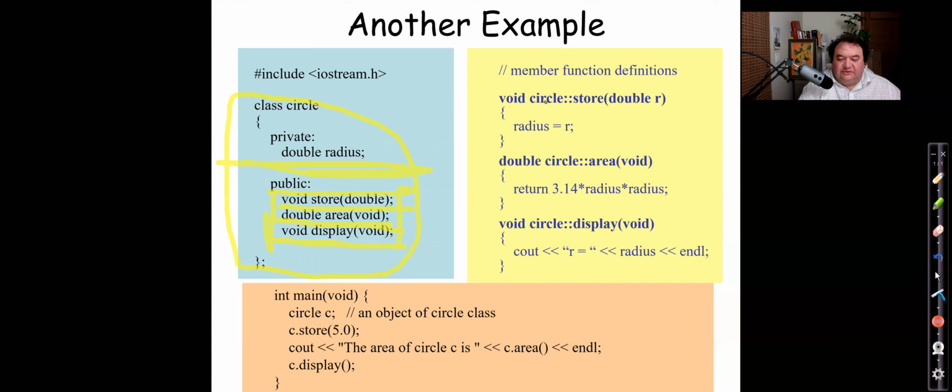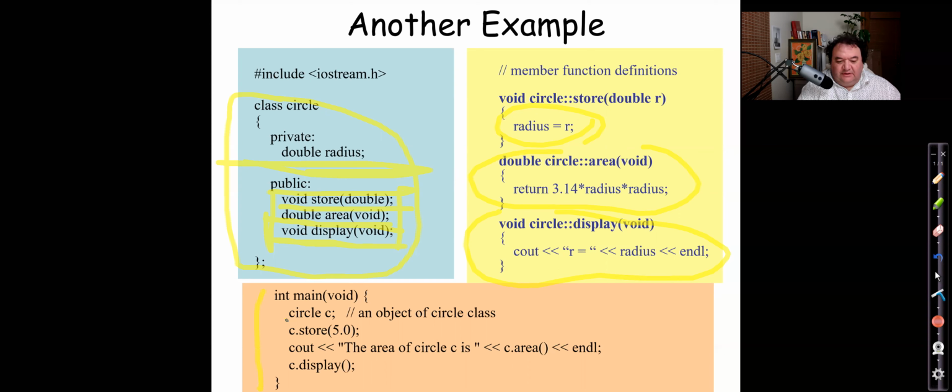Externally, we can then define store radius, where we assign the radius to the value given in input. We get the area by returning 3.14 times radius squared, and display is the print function for that circle. So now we have a full definition of the class circle with all the methods, and then we can use it in a main.